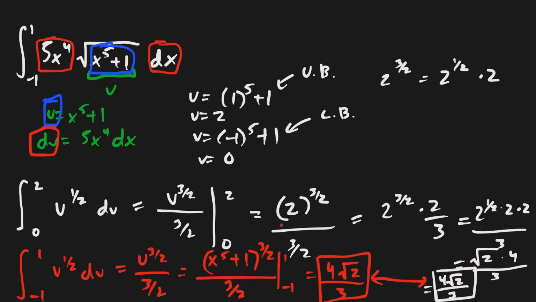It's kind of messy looking, so let me rewrite this. If I plug in negative 1, that's going to give me 0 to the power of 3/2, 0 over 3/2. That's still 0, so I didn't need to rewrite it. And when I solve, I still get 4 times the square root of 2 over 3, which is equivalent to this.